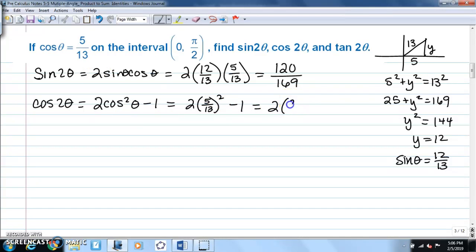So that's 2 times 25 over 169 minus 1. Well, that's 50 over 169 minus 169 over 169. So that is negative 119 over 169.